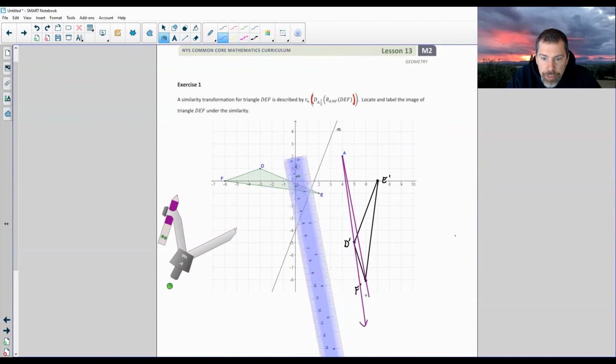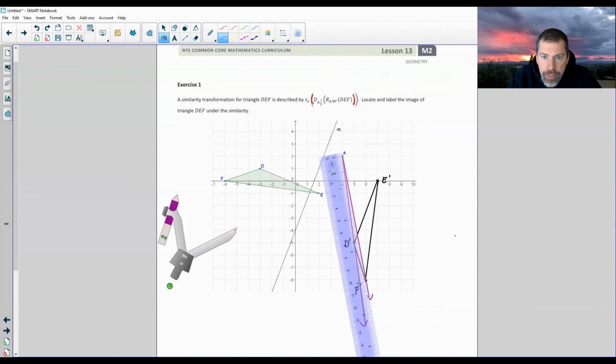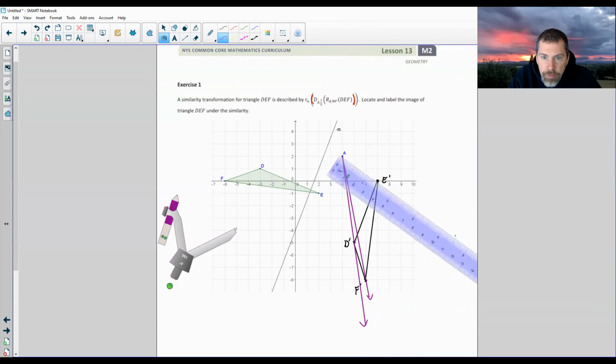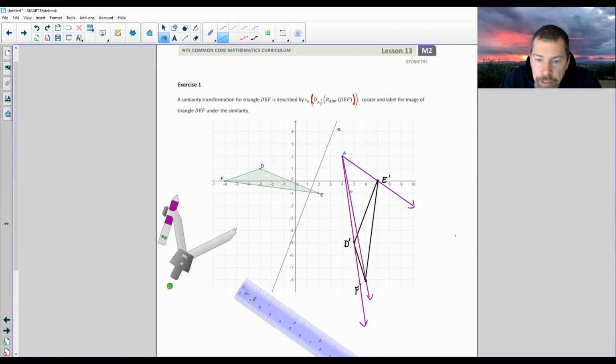So these are rays, by the way. And then I'm going to put my ruler back at A, rotate to E, and draw a ray, AE prime. So there are our dilation rays from A, 3 of them.